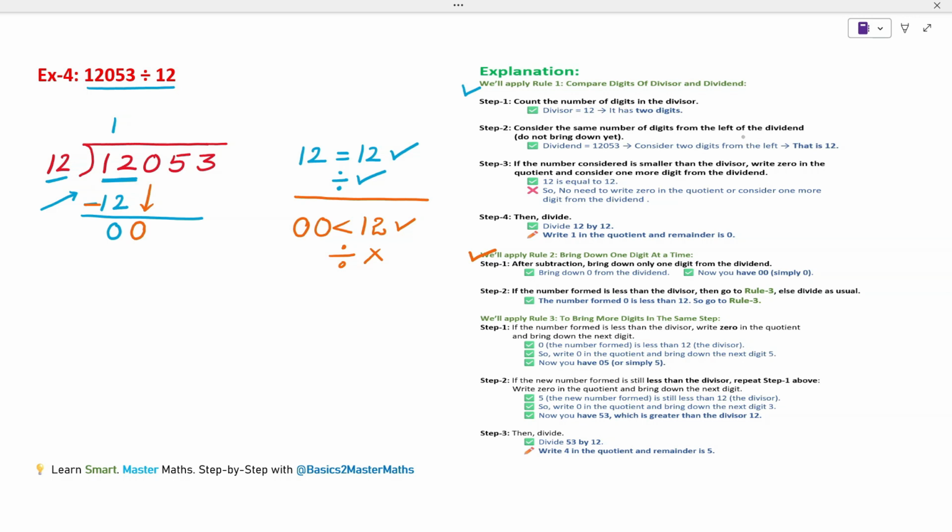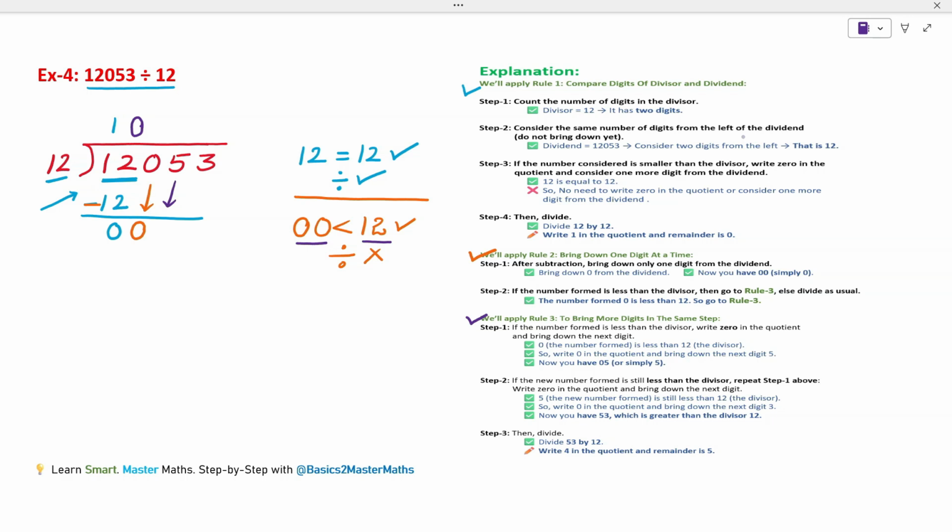Now, let us apply rule 3. Here, the number formed is 0, which is less than the divisor 12. So, keep 0 in the quotient and bring down the next digit of the dividend.